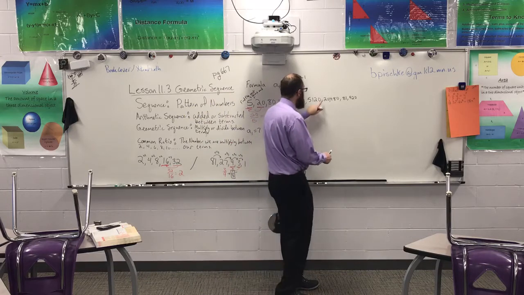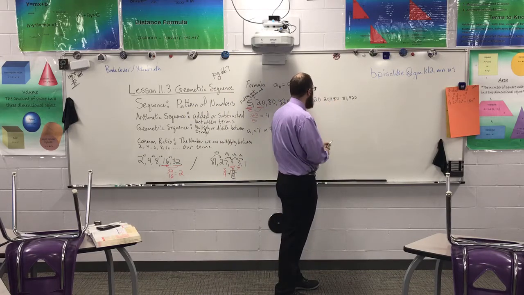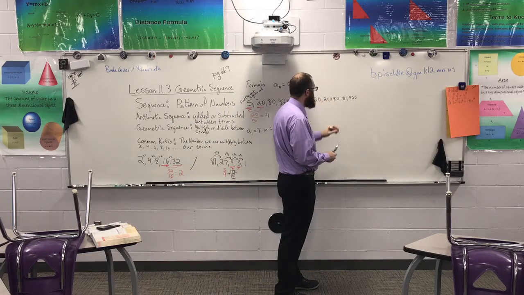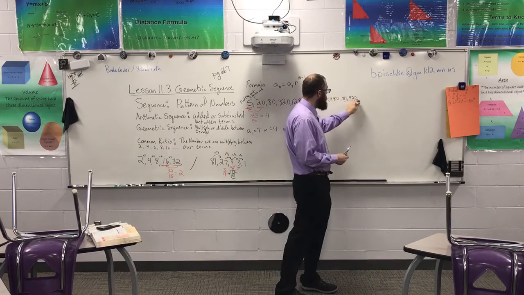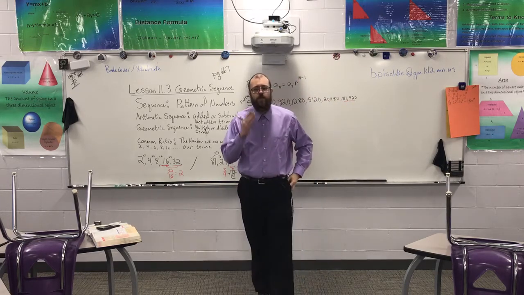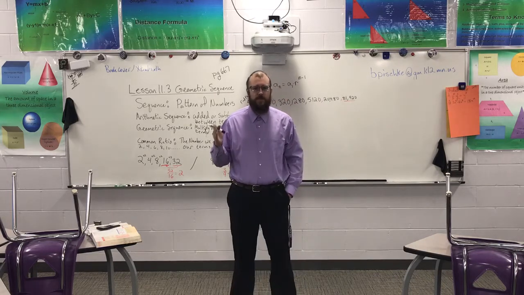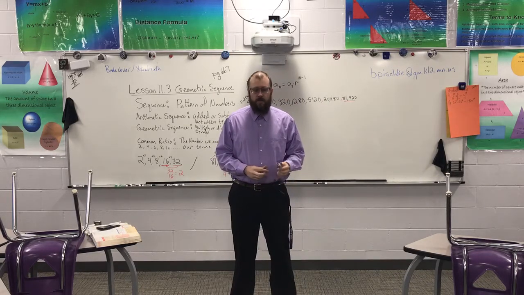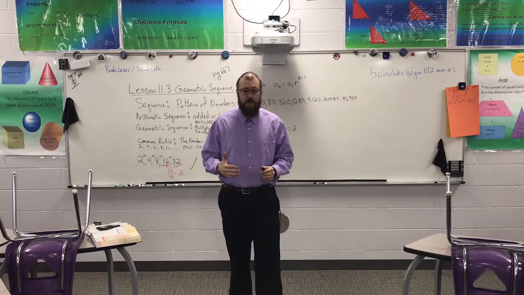You can see that these numbers are getting quite large very quickly. That's the biggest problem with geometric sequence versus arithmetic. So with an arithmetic sequence, if I want to get to the 40th term and I'm adding by 2's, I'm not going very far.